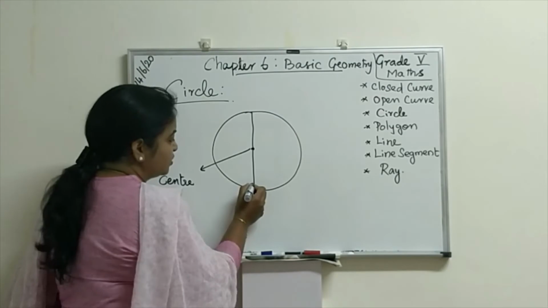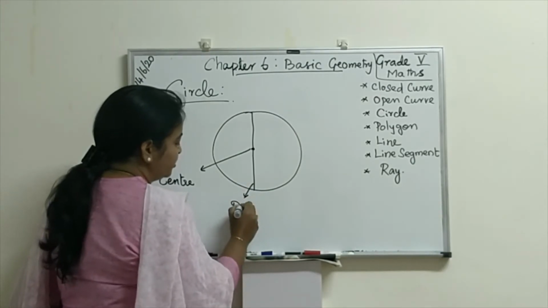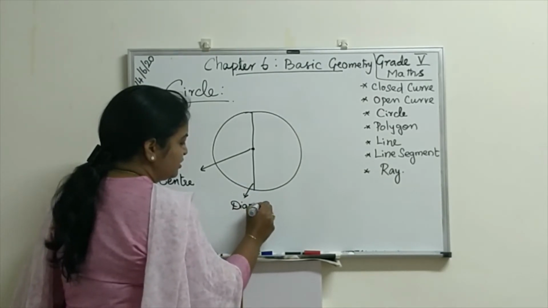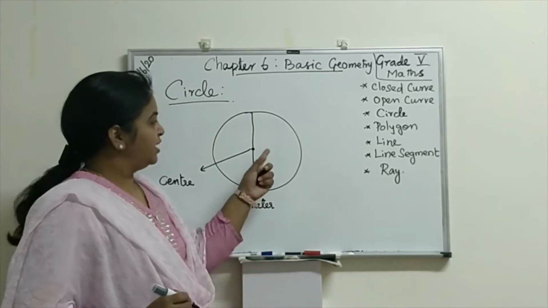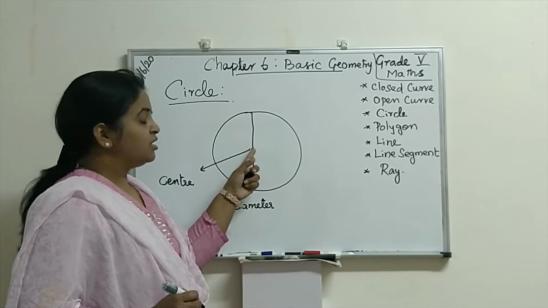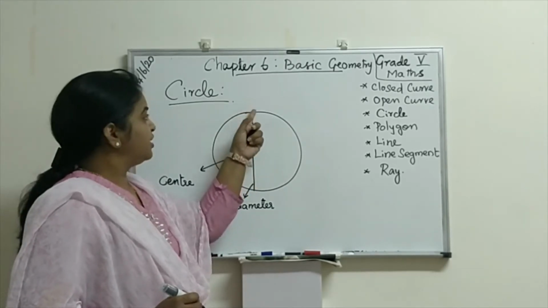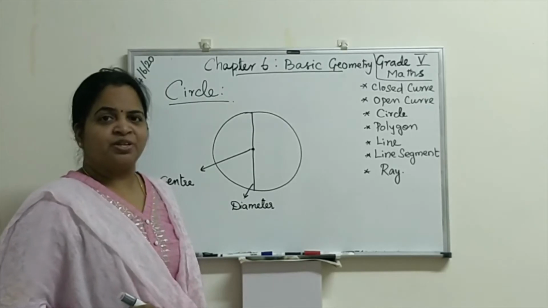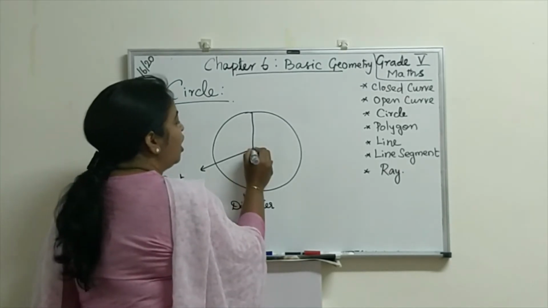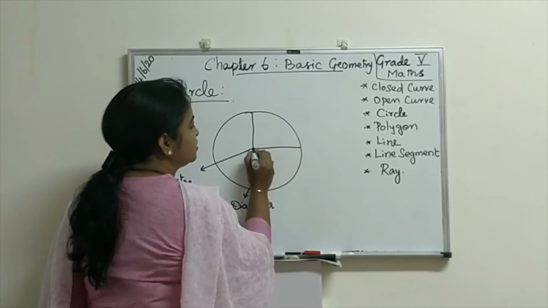Okay, this is called diameter. The line joining the center and touching both the ends is called diameter. Got it?